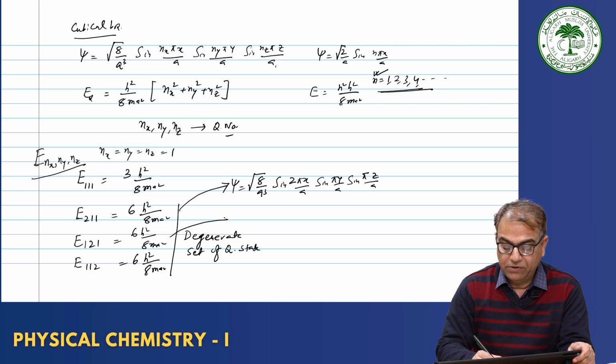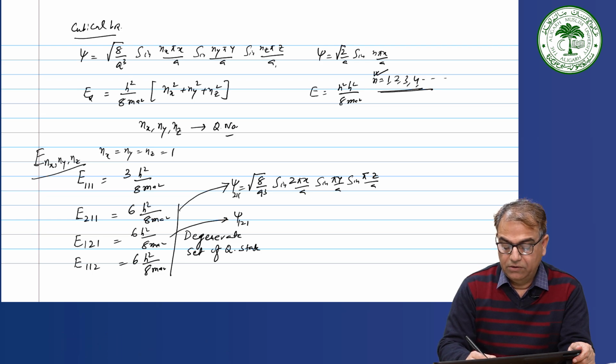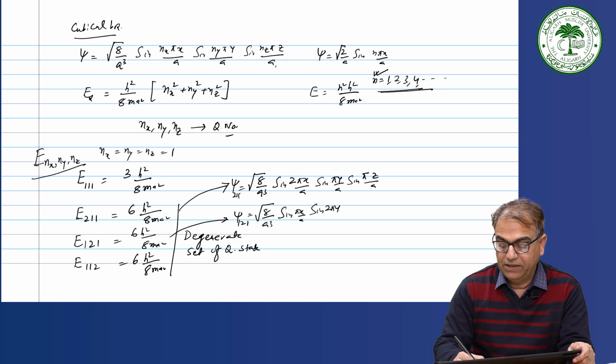If you write the wave function for 1, 2, 1, it will be root under 8 divided by a cube, sine pi x upon a, because nx is equal to 1. Now here you will write sine 2 pi y divided by a, and here you will write sine pi z divided by a.